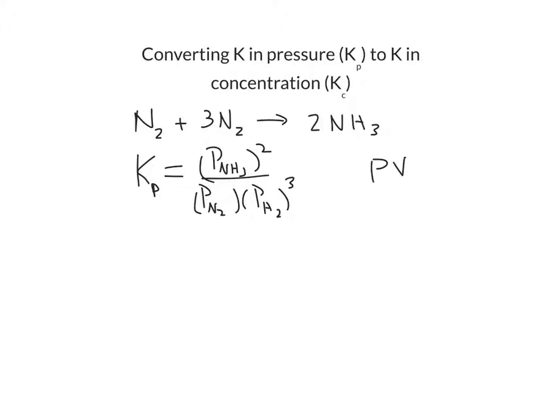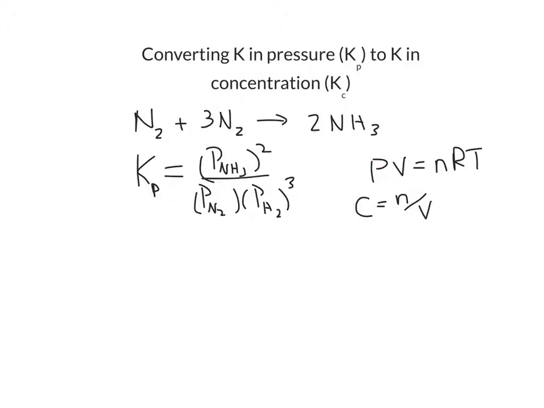However, I know that pressure times volume is equal to nRT for a gas. And the concentration is the number of moles divided by the volume. And so I can rearrange the gas equation to write n divided by V, if I just divide both sides by V and then divide both sides by RT.